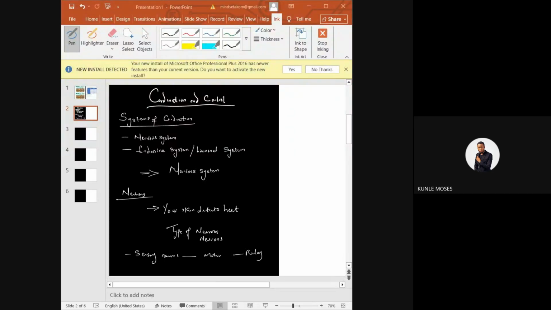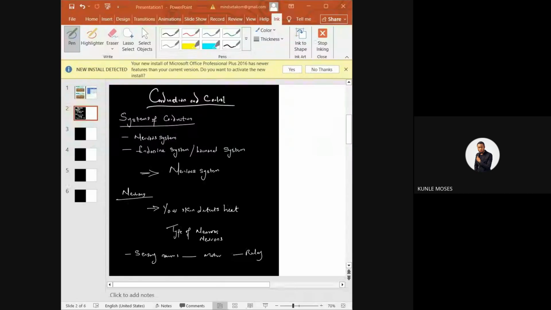The motor neuron is taking the instruction that the brain is giving and taking it out to the effector cells. The effector cells include the muscles and the glands, just like I've said. So the relay neuron is like a connector, connecting both the sensory neuron and the motor neuron together. I hope that is taken.